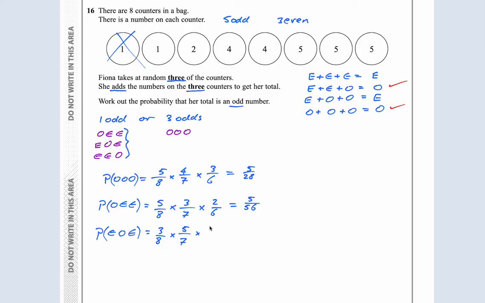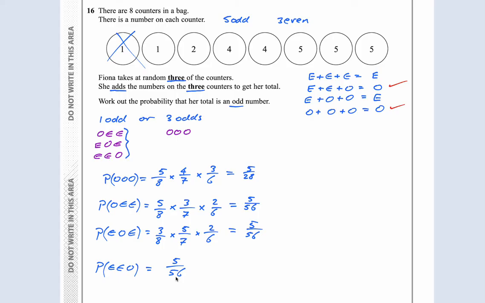So now there's 2 out of 6. Now look, the numerators here are 5, 3, 2. Here it's 3, 5, 2. It's the same because we're multiplying. 8, 7, 6, 8, 7, 6. So this gives you the same answer. And you'll notice, guys, if you want to do it, you can, but I'm just actually going to do even, even, odd equals 5 over 56 as well.